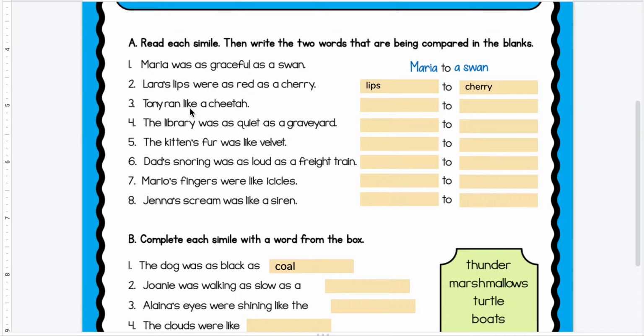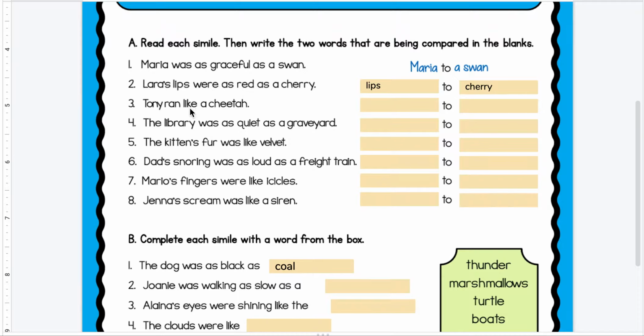Tony ran like a cheetah. So like is signaling to me that this is a simile. Tony is my noun. What is Tony like? He is like the cheetah. So I'm going to write cheetah. Okay. The library was as quiet as a graveyard.